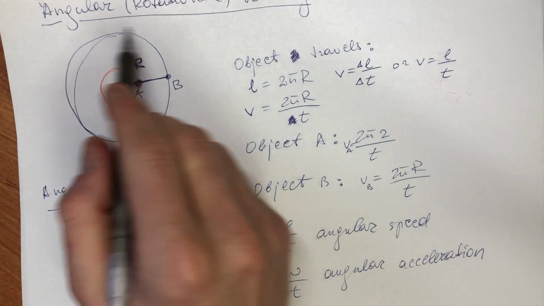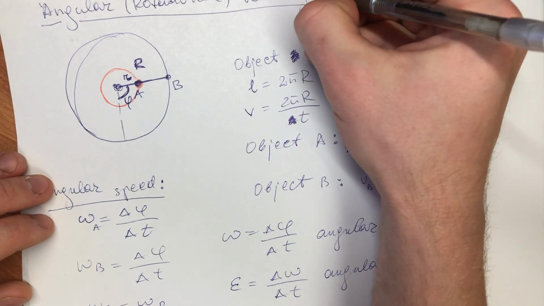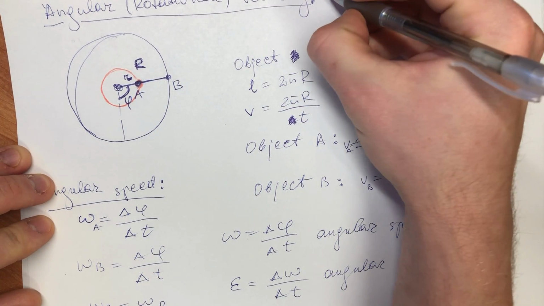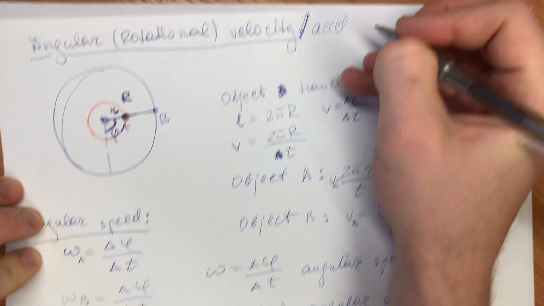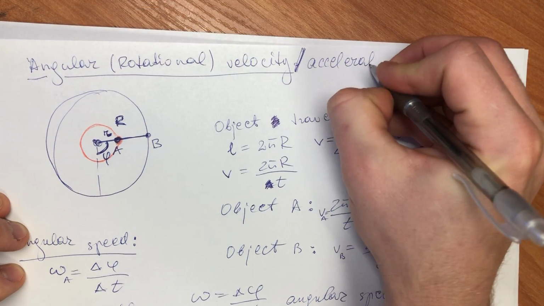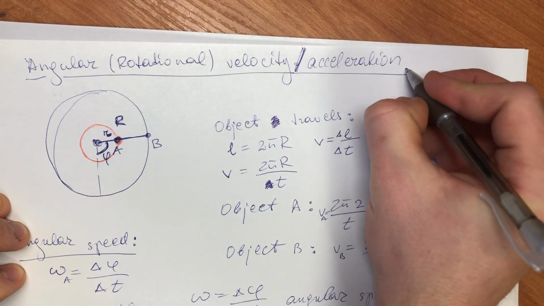So we have angular rotational velocity and we have acceleration, okay? Okay, what now?